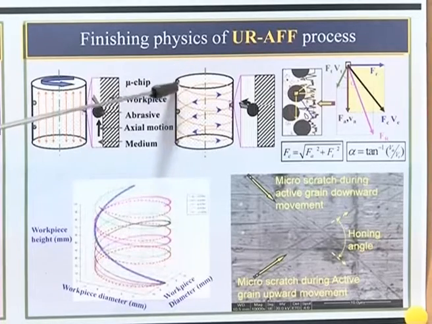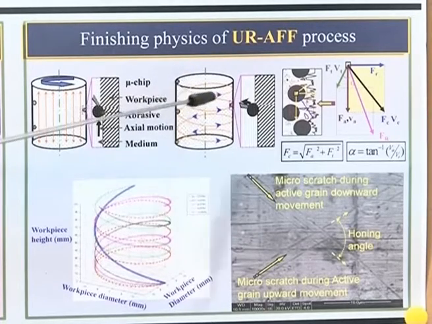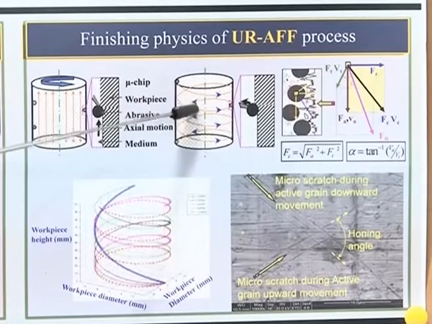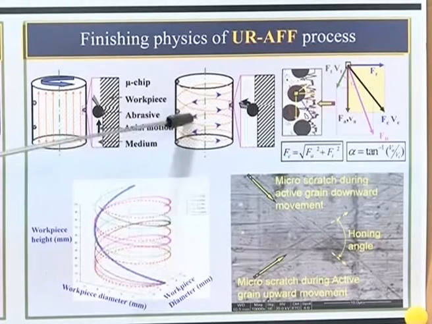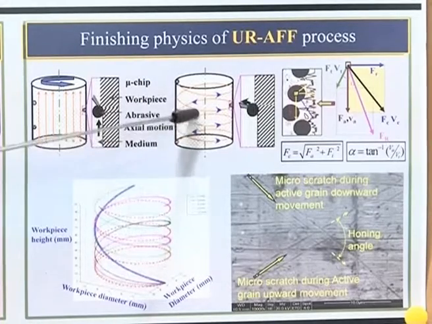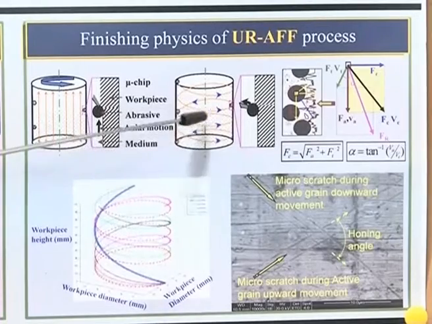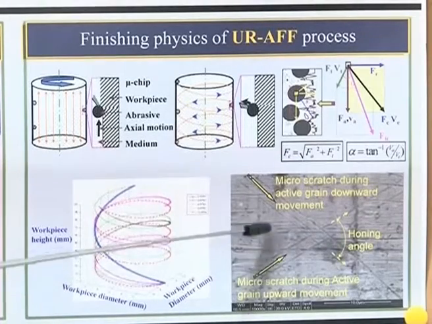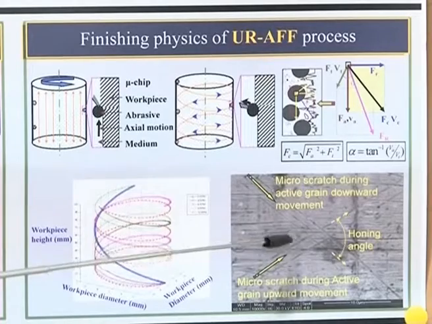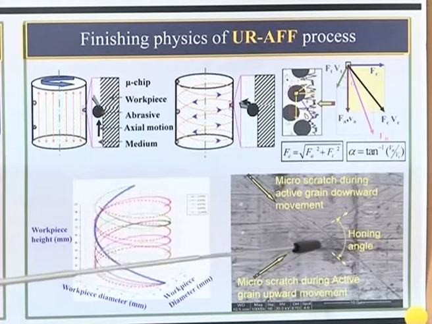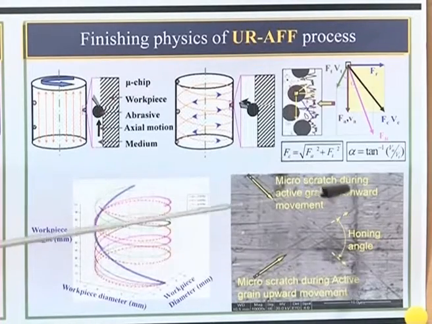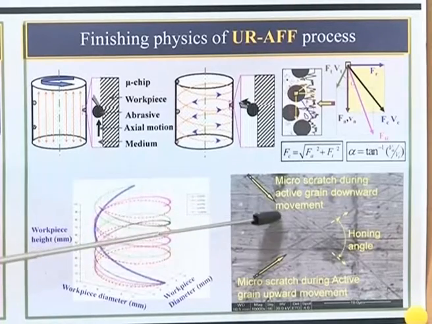So the distance travelled per unit time in rotational abrasive flow finishing or universal rotational abrasive flow finishing process is much higher. So it will encounter higher surface peaks and the finishing rate will be improved. Because of reciprocational motion and rotational motion of the abrasive, the crosshatch patterns you can see on the workpiece surfaces.